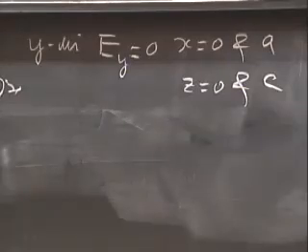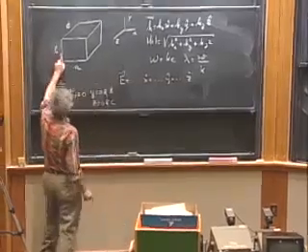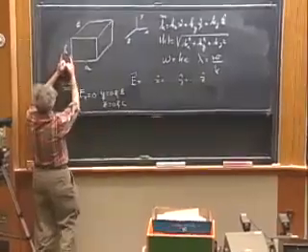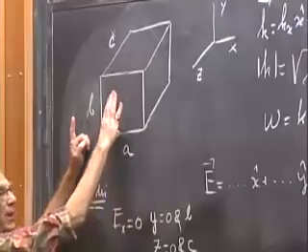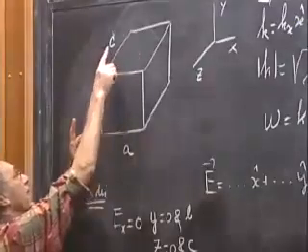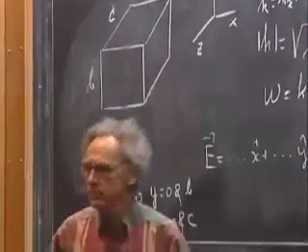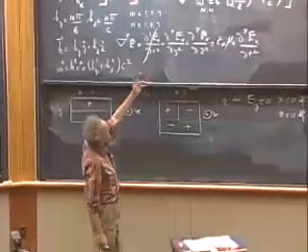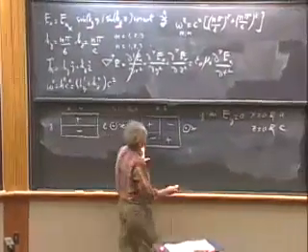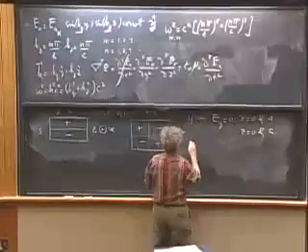If Ey in this direction must vanish for x equals 0, it must vanish for x equals a, and it must also vanish in this front plate, z equals 0, and in the back plate, z equals c. So now, by parallel, you can immediately come up with a relationship.